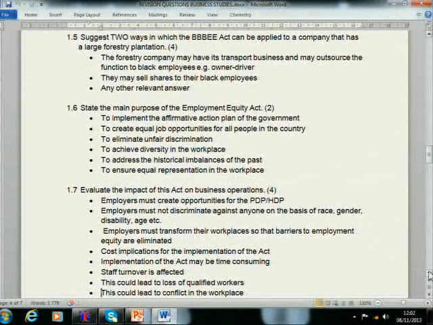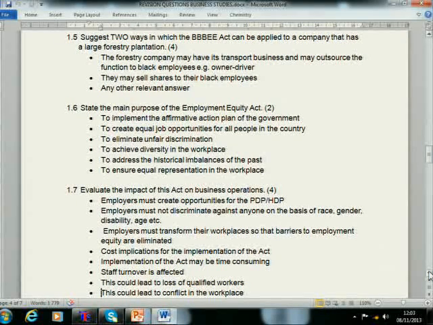Employers, for example, must create opportunities for the previously disadvantaged. That is the impact this act has. Employment equity. Because people must be treated equally, such opportunities must be provided for it to take place. It cannot just be something on paper, it needs to be practiced by businesses. They don't have to discriminate. Employers must not discriminate against anyone on the basis of race, gender.